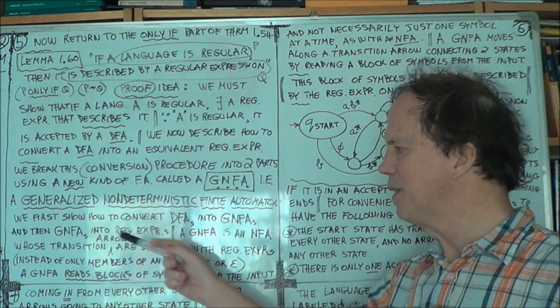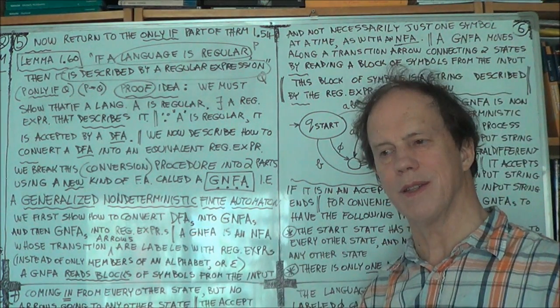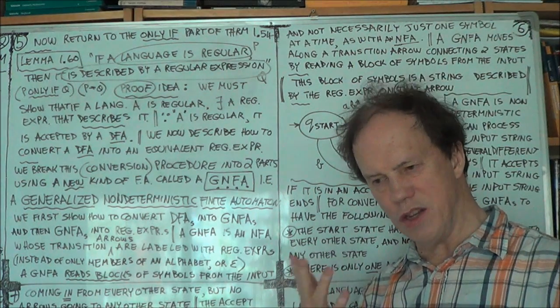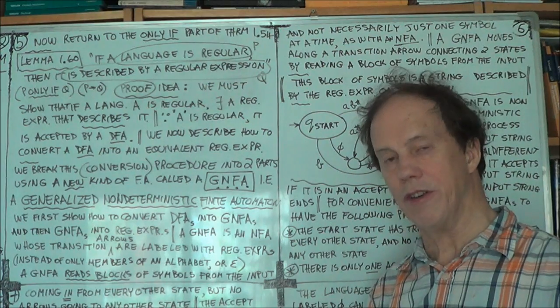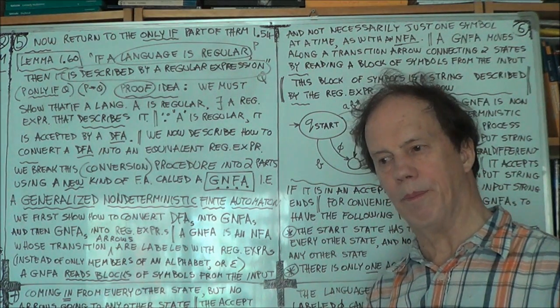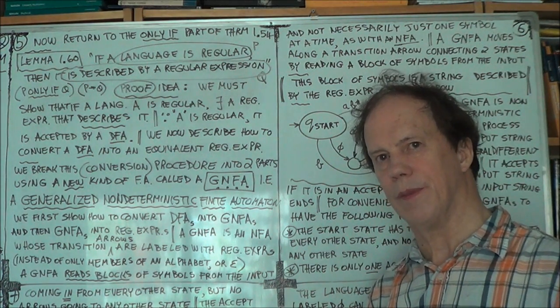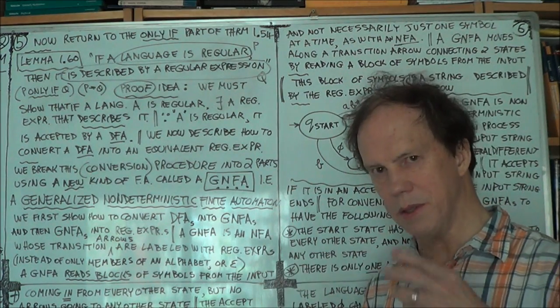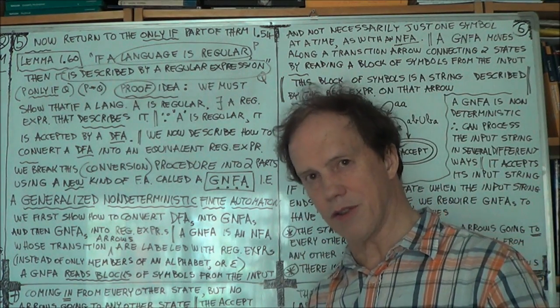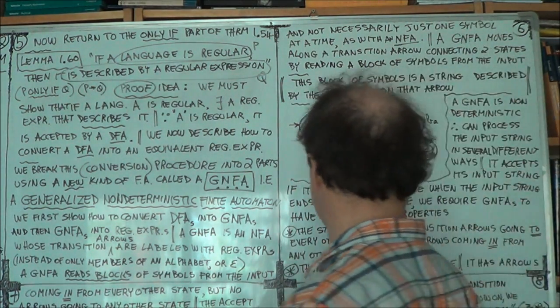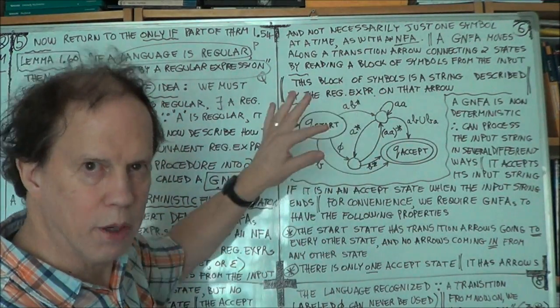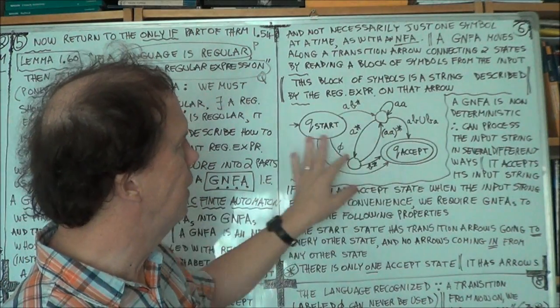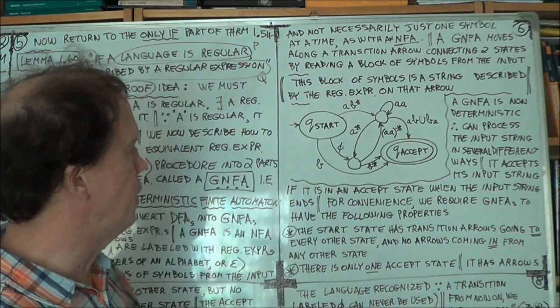By imposing these 3 conditions, you can then use that GNFA to generate the regular expression. Right? So you need these 3 constraints. I'll read them out and then point at an example of the constraint on this example here of a GNFA.